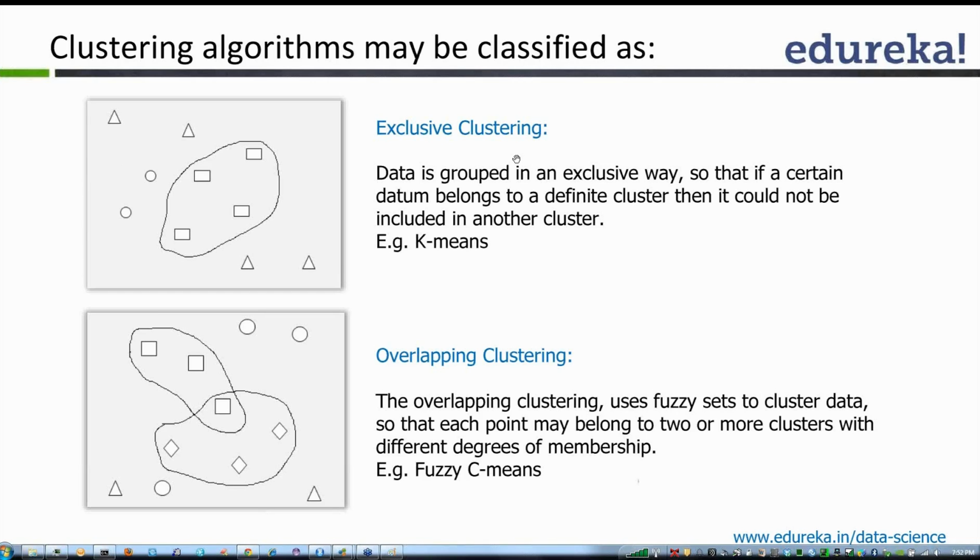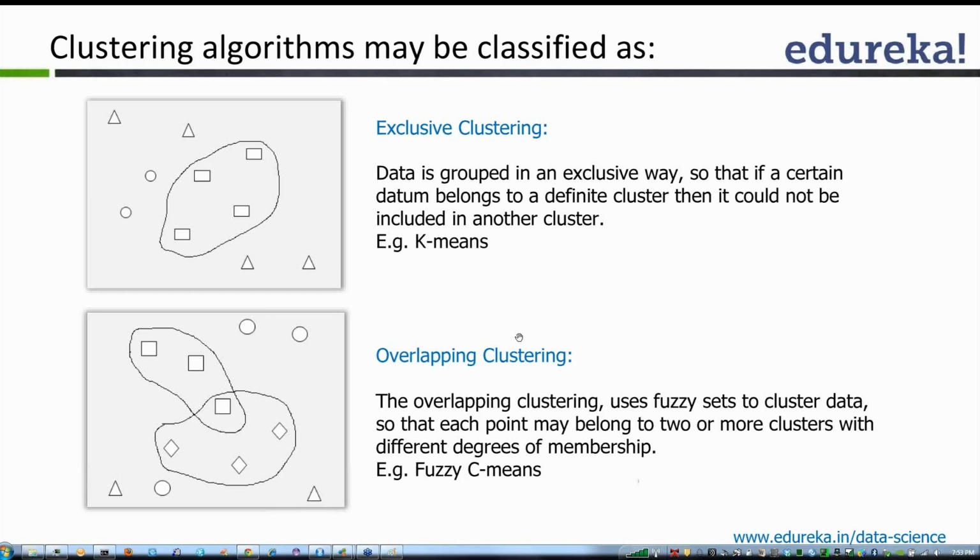You're dividing all your data points into partitions so that every data point belongs to a single cluster or single partition. There's no overlap. Whereas in the other case, overlapping clustering, a single data point can belong to multiple clusters. So it's not really partitioning in a hard manner, but you are allowing for these multi-membership clusters.